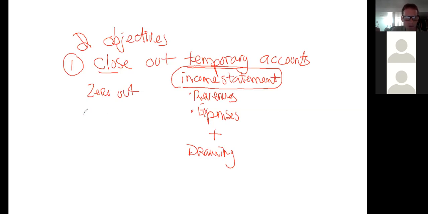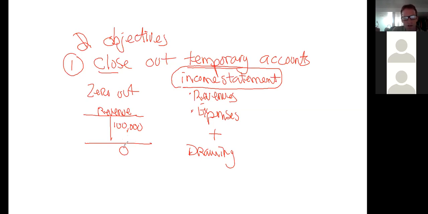If you go to a T account in your ledger, let's say we had $100,000 sitting in revenue. The closing entry is going to go into that ledger account and take that $100,000, and the goal is we want that to be zero.